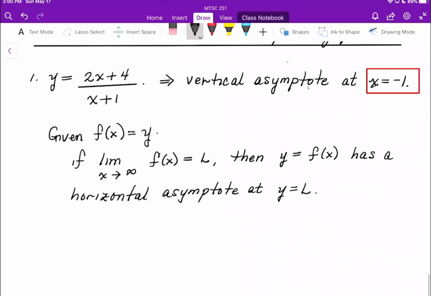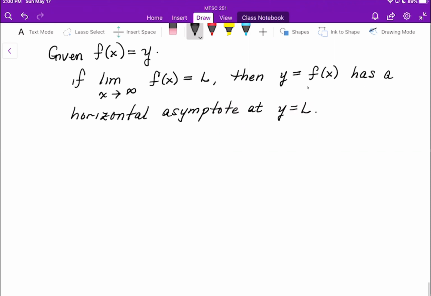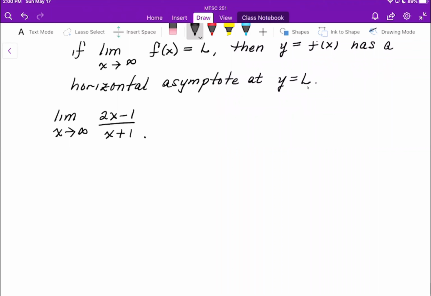So for this particular function, we look at the limit as x approaches infinity of 2x minus 1 divided by x plus 1. Okay, so what do we get? We get y is the limit as x approaches infinity of 2x minus 1 divided by x plus 1.